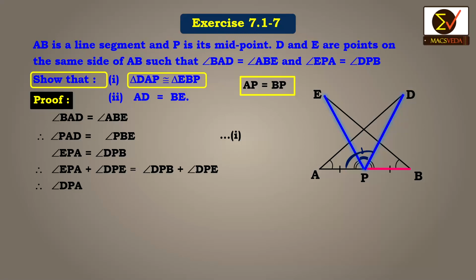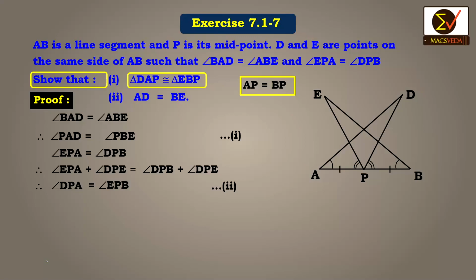Similarly, on the right side, you are going to get this angle. That is angle DPB plus angle DPE is equal to angle BPE, or angle EPB. So these two angles are equal.